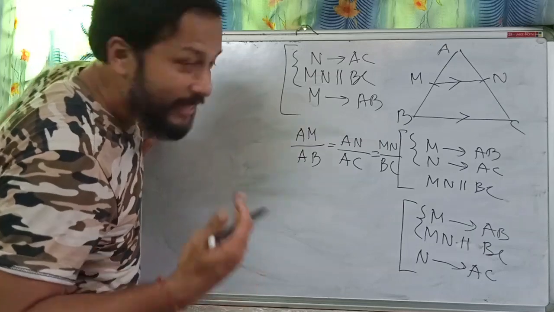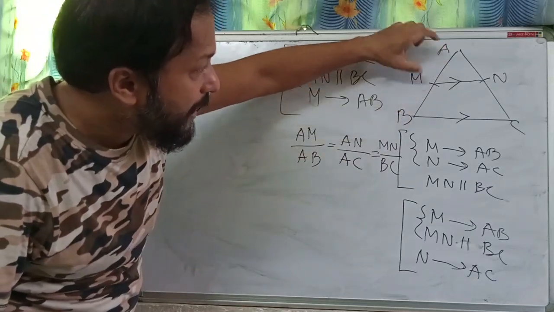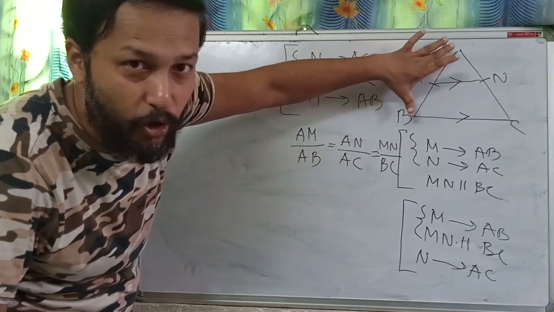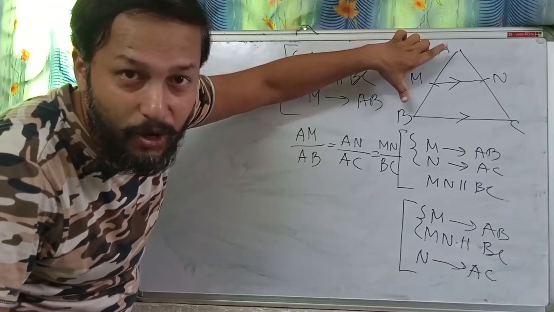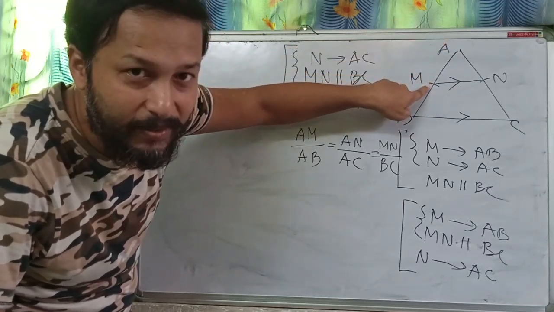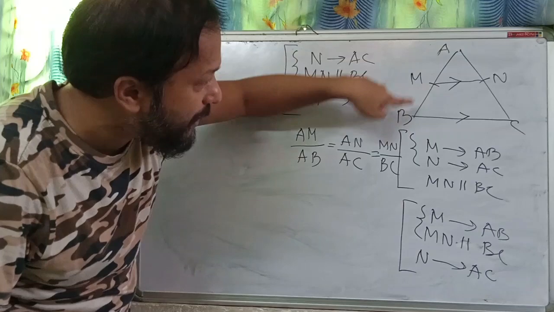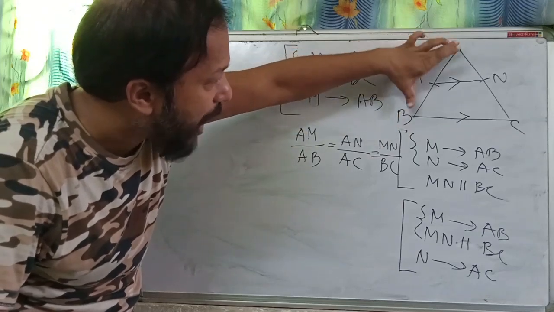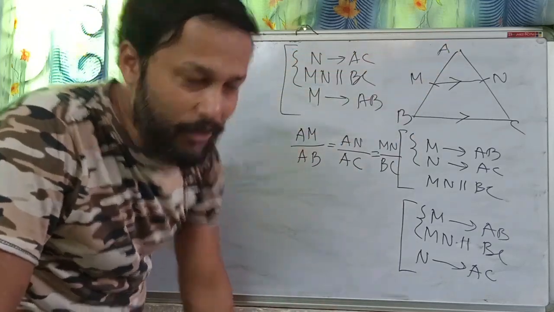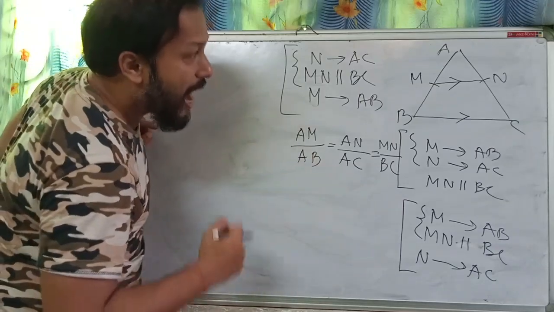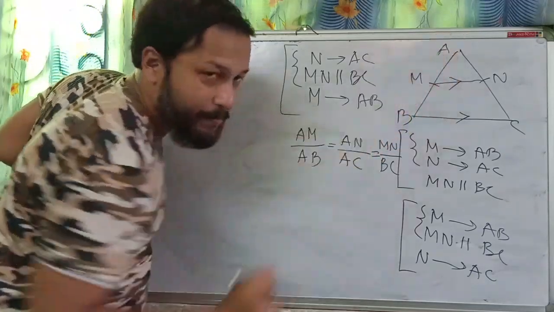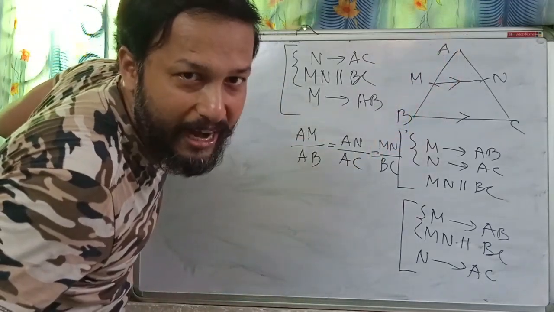See, AM is half of AB. Why? Because M is the midpoint of AB. So I can say that AM is half of AB. I mean AB is double of AM.